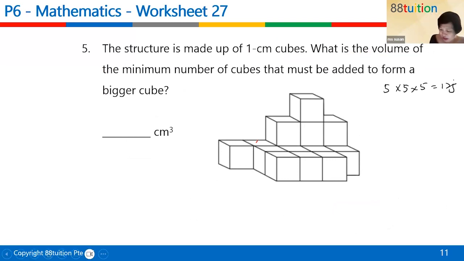However, you must know how many are there. So total will be 3, 4, 5, 6, 7, 8, 9, 10, 11, 12, 13, 14, 15, 16. So what I need to do is to minus away my existing 16 of them. That will give me 109 cubes to be built from there.